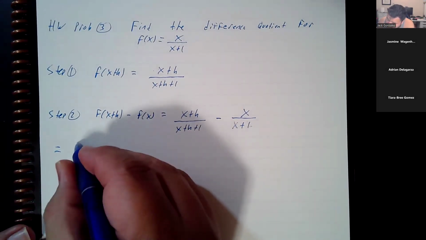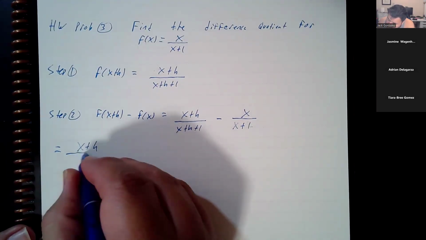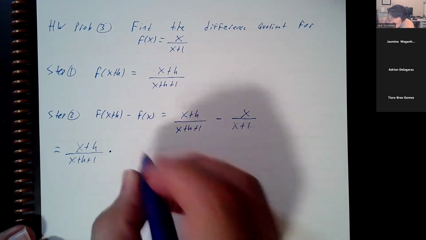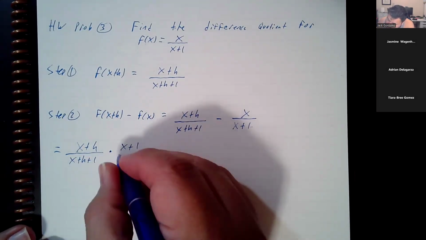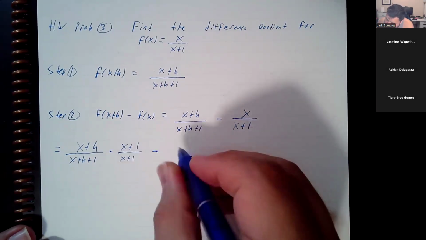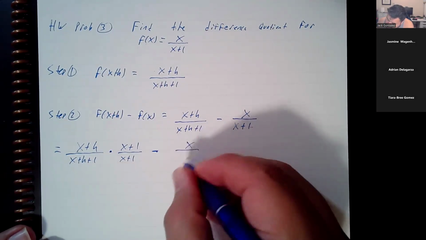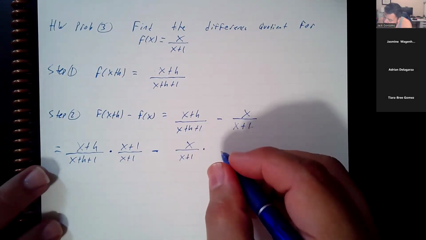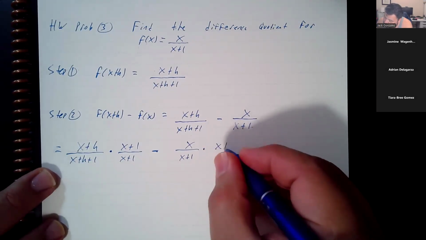So take the first fraction and introduce this guy. And then this one multiplied by the one that's missing, this guy.